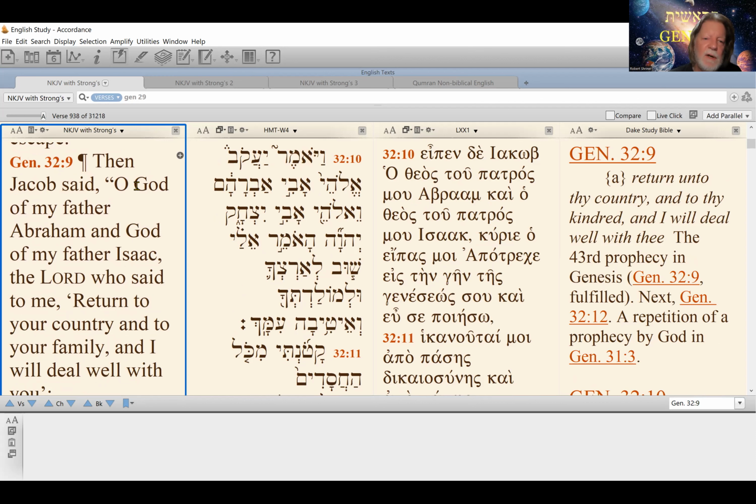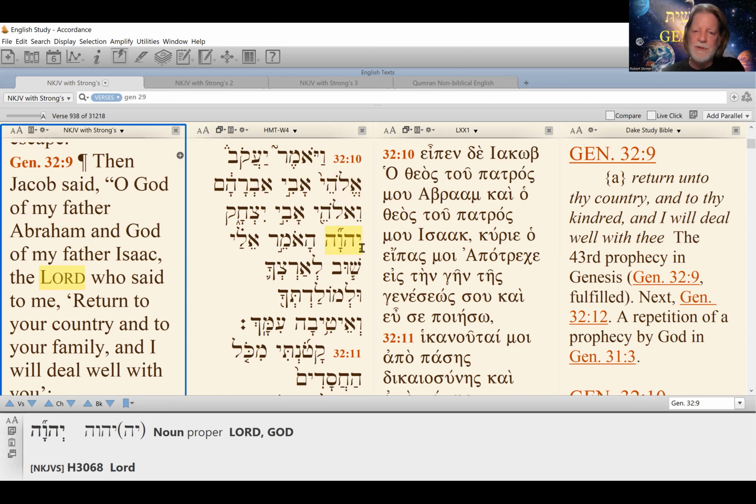Then Yaakov said, "O Elohim," actually Elohe Avi, God of my father Abraham and God of my father Yitzhak. Here's the sacred name of God. Instead of pronouncing it as it should be pronounced, I'm going to call the Lord Adonai.